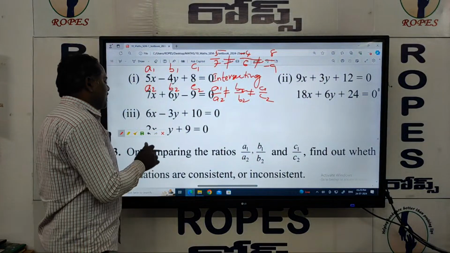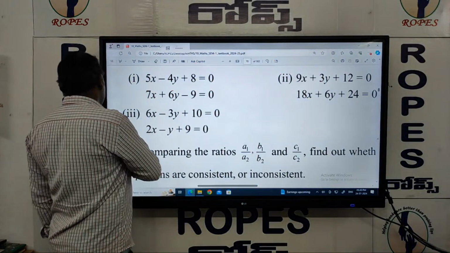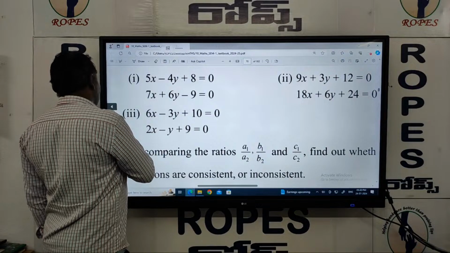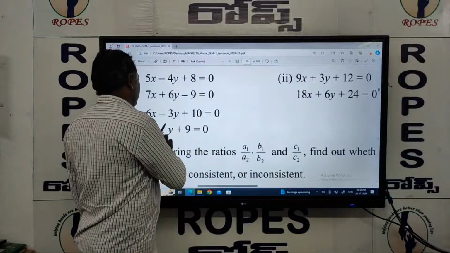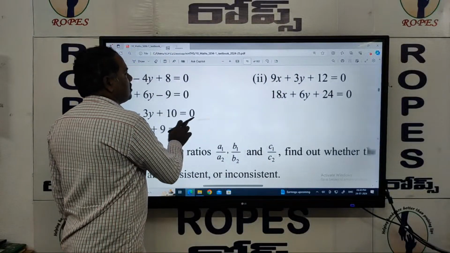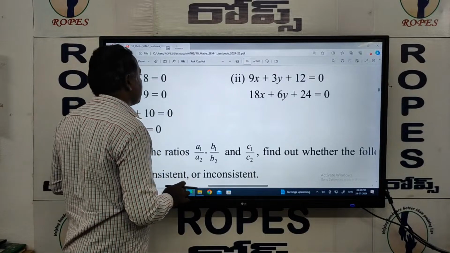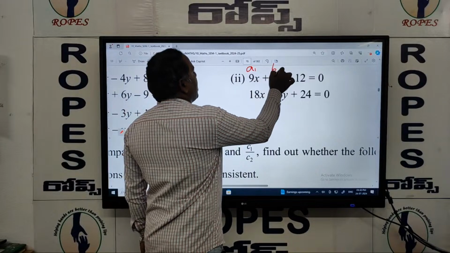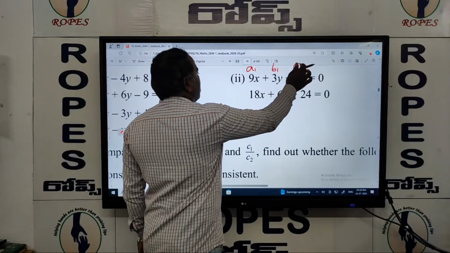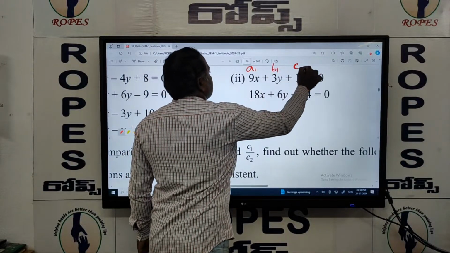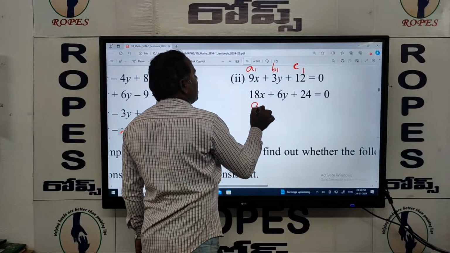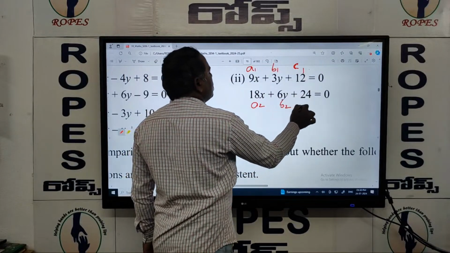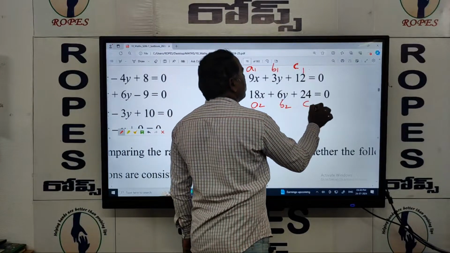Now if you go to the second sub question, here it is A1, B1, C1, and A2, B2, and C2 is 24.